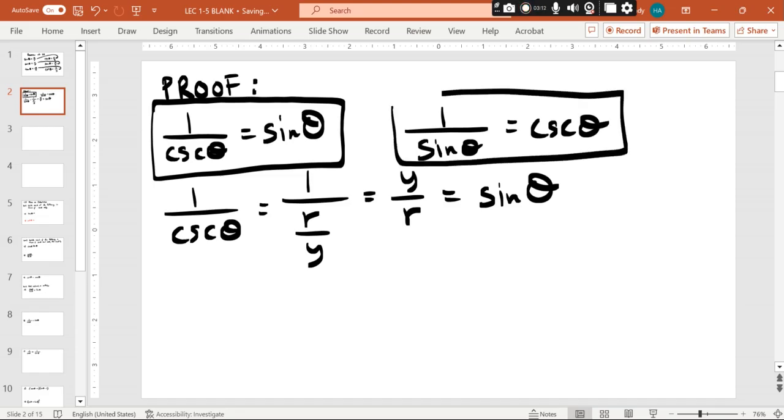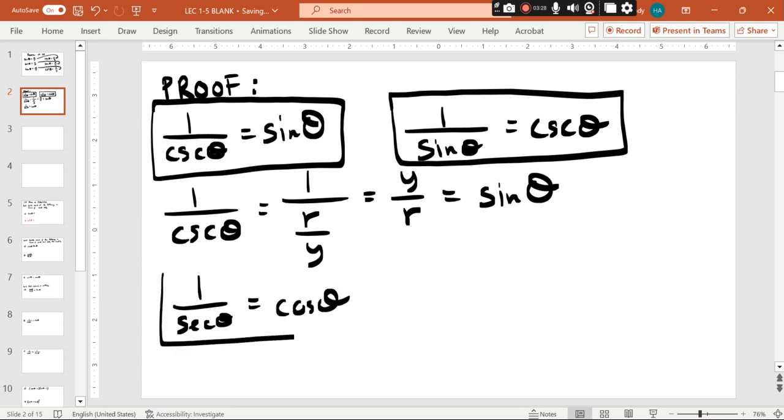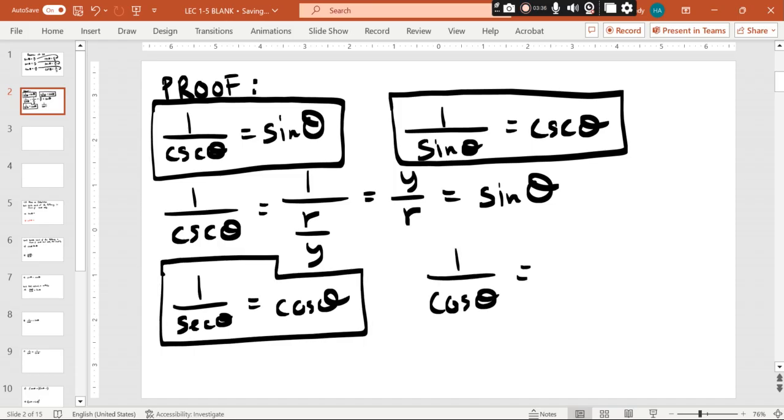Connecting from the previous slide, 1 over secant theta is equal to cosine theta. You can see it's the x and y values. Perfect. And let's go the other way: 1 over cosine theta is equal to secant theta.